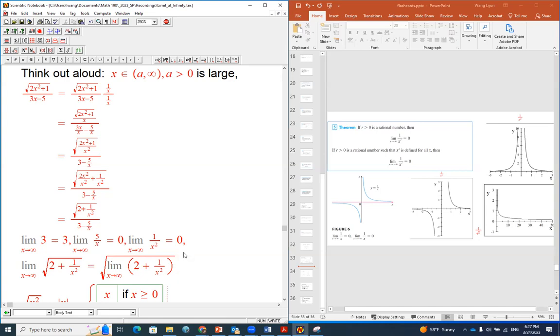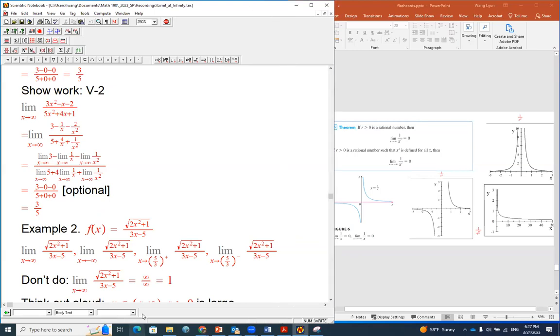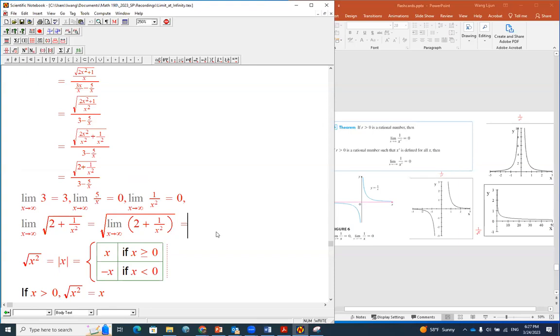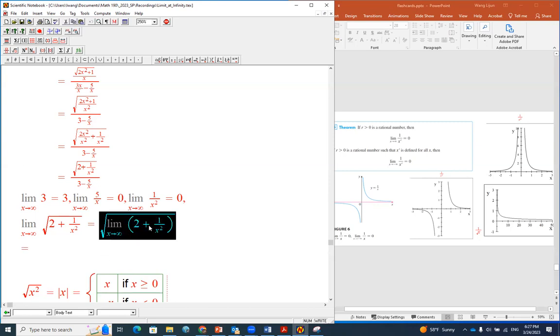That limit can be written in the following way. If you want to write it very concisely, this is the root of this limit.